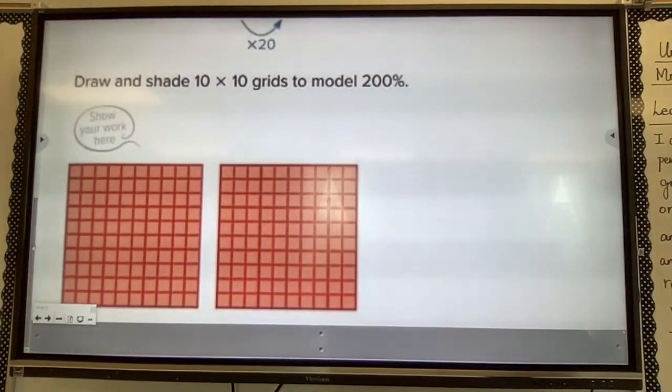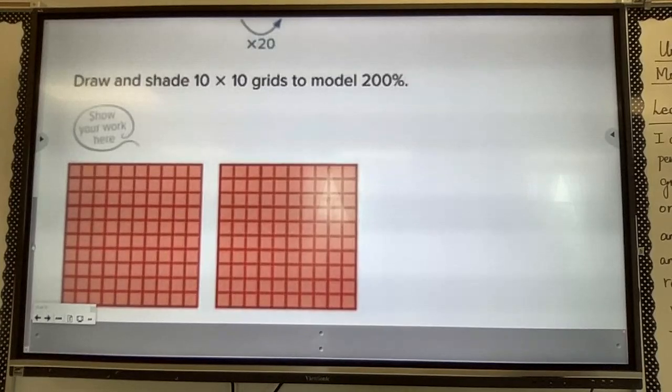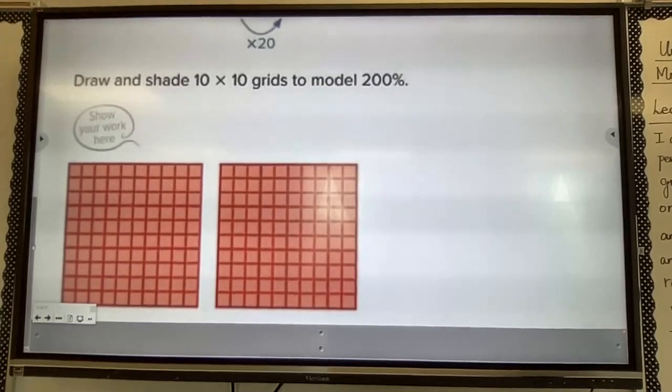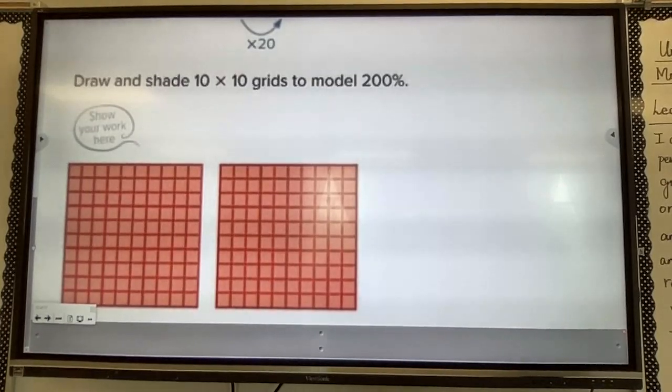Okay? And suppose the veterinarian states that the kitten's weight increased by 100%. Is this claim correct? Why or why not? When talking about the kitten's weight, when is it correct to use 100% and when is it correct to use 200%? So think about that, and what I would say is the vet is definitely correct.